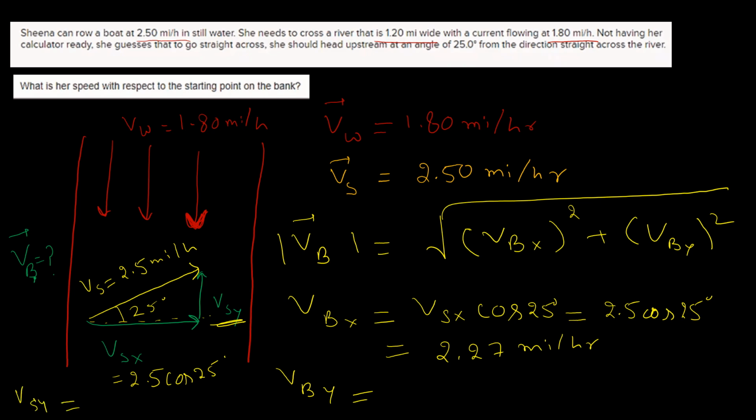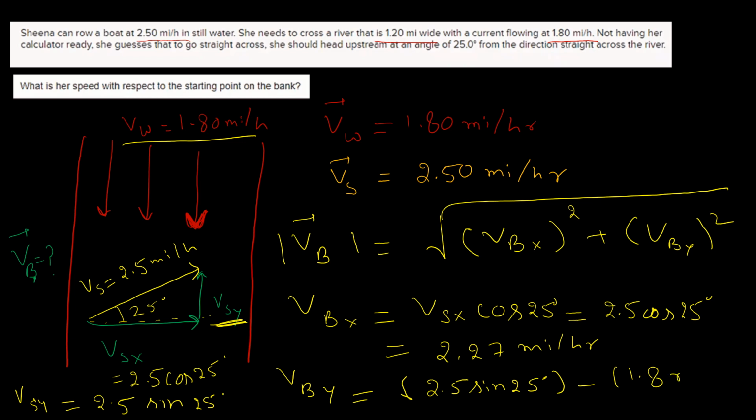So we have two y components, one is this and one is this. VSy is going in the positive direction, which is 2.5 sine of 25, with the positive sign, and VW is going in the negative direction, so it will be with the negative 1.8 miles per hour.